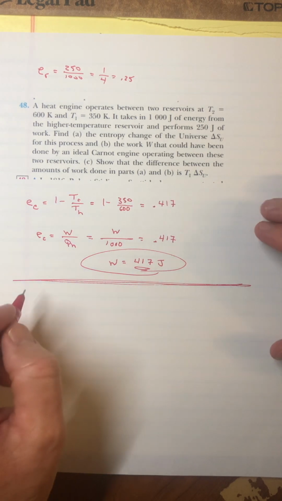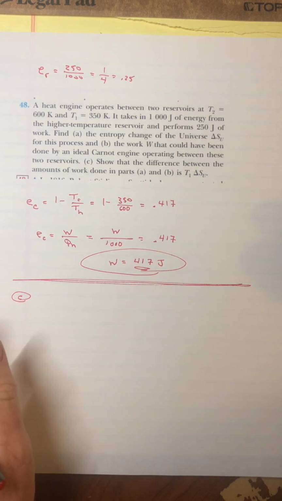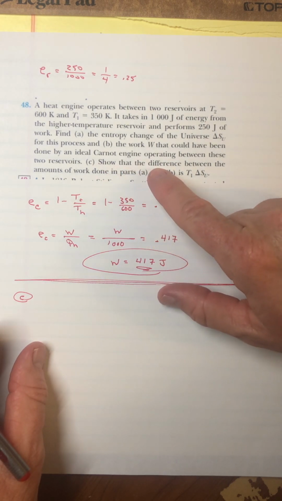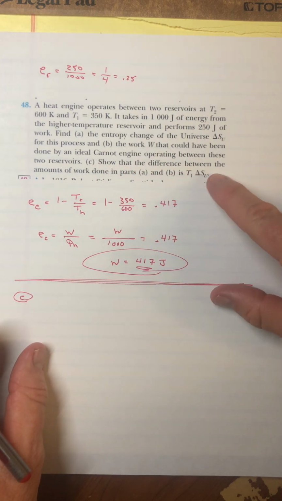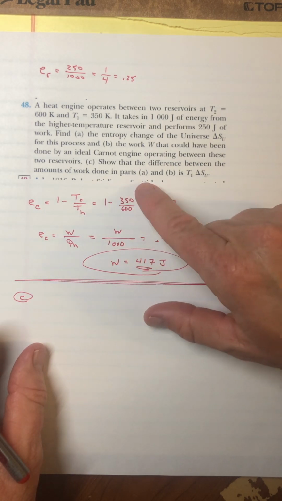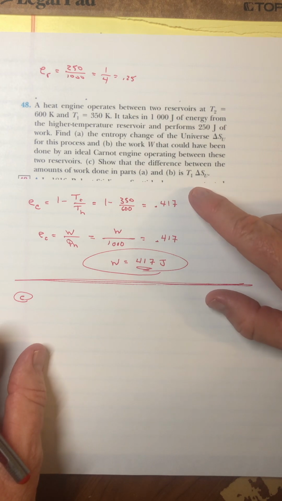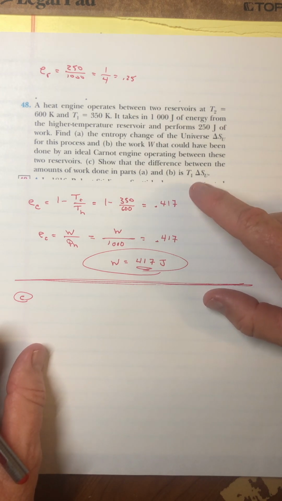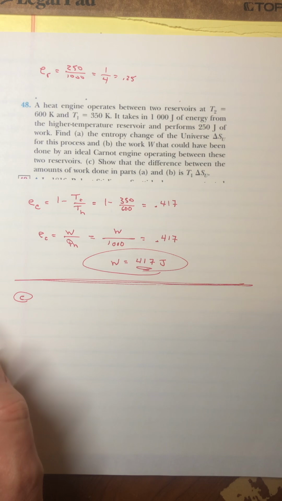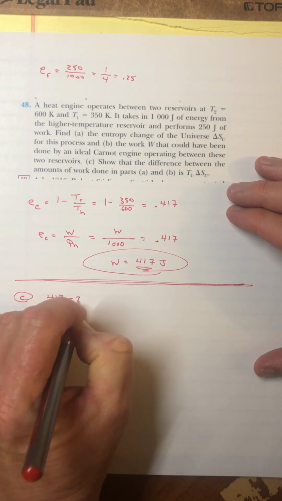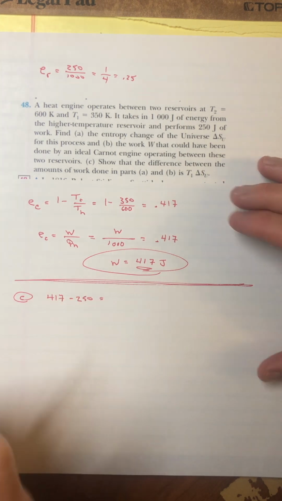Okay, now here is where I'm glad the author asked this next question. It says, show that the difference between the amount of work done in parts A and part B is equal to this. Okay, so let's just talk about how much work we could have gotten out, 417, and how much we did get out.